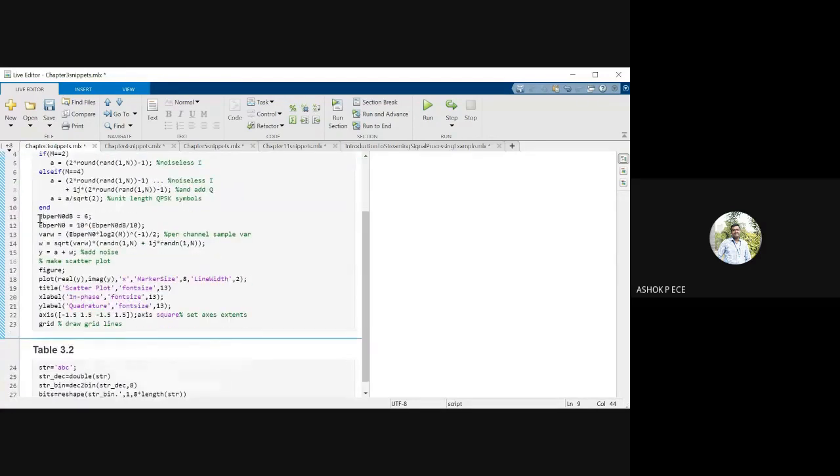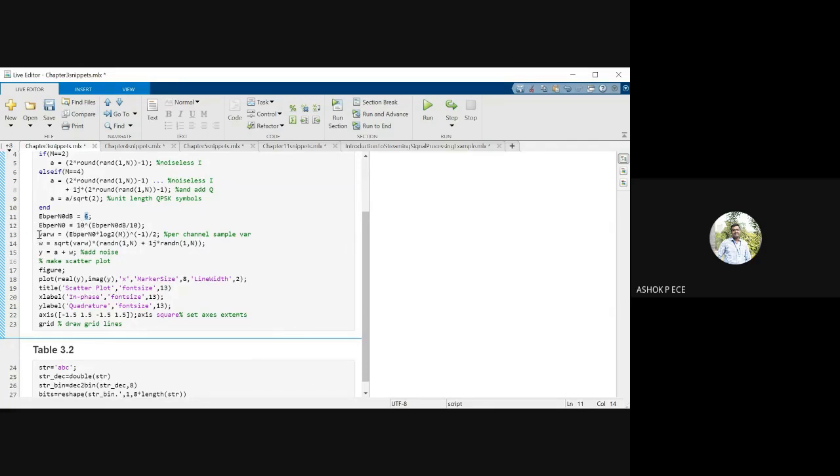For an analog channel, the parameter will be SNR, signal to noise ratio. For a digital channel, you'll call it Eb/N0. Eb is the energy per bit, and N0 is going to be your noise. So you're taking the Eb/N0 in dB. I am assuming a 6 dB channel, 6 dB Eb/N0. Then I convert it by taking 10 to the power of that value divided by 10.